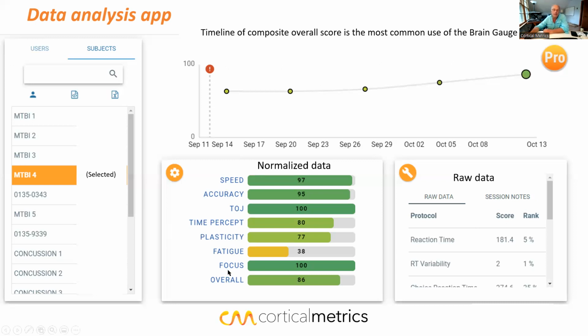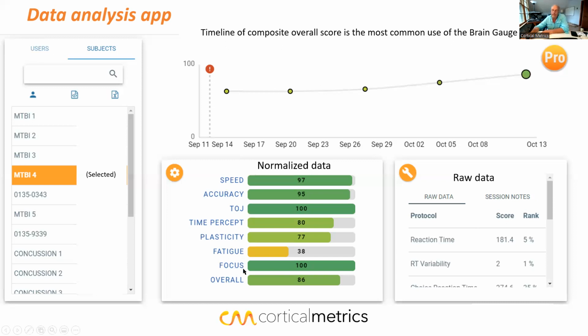Focus, that is from the reaction time test again, except this is reaction time variability. And this is generally, reaction time variability is sort of in the 5 to 15 millisecond range. And just a note, the Brain Gauge is the only commercially available device, or one of the only, if not the only commercially available device that can actually get you a decent focus score.